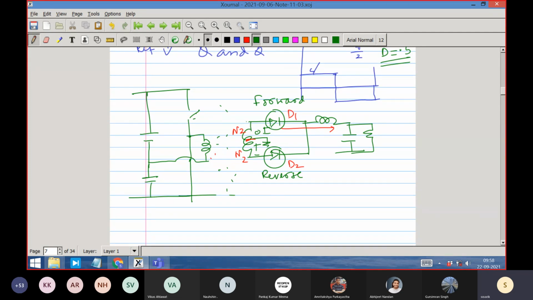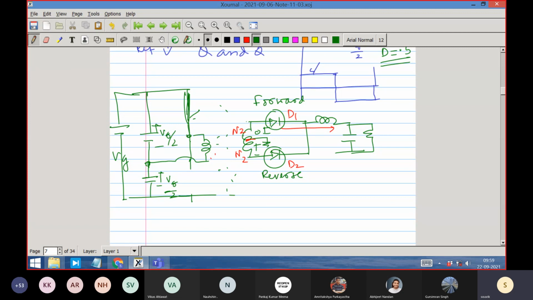Let us say I have shorted the first switch and the bottom switch is open. Extremely bad mistake. This is plus minus. This is VG. This you have shorted. This is VG by 2, and this is VG by 2.